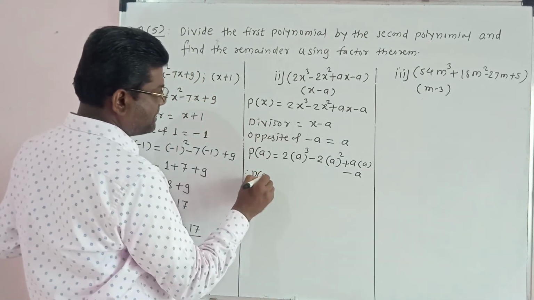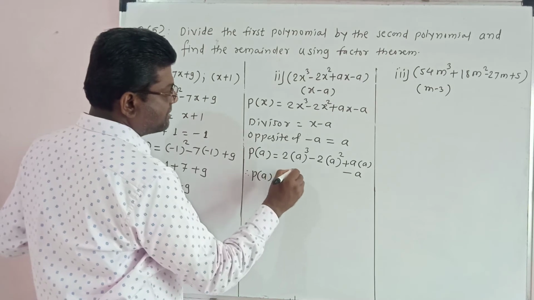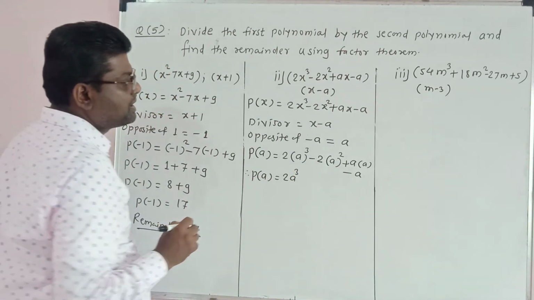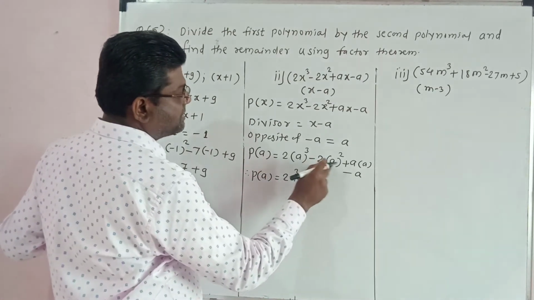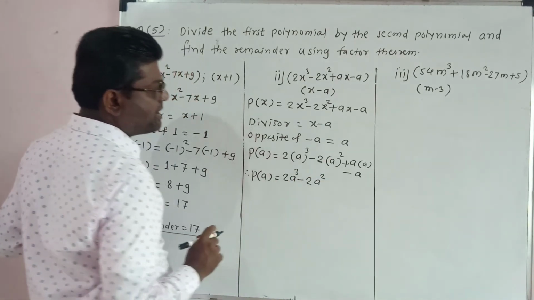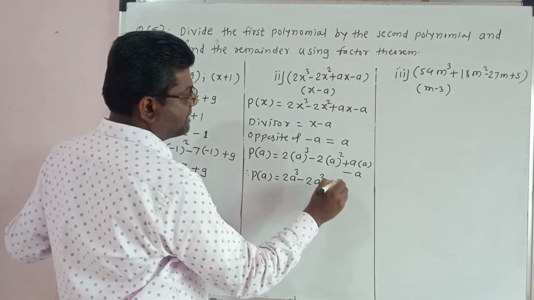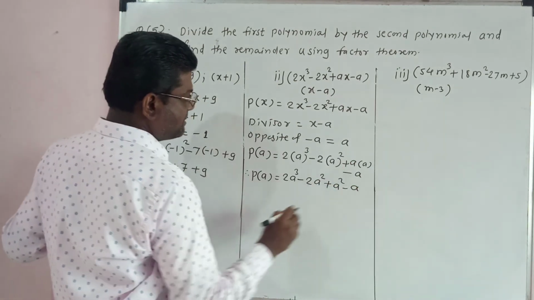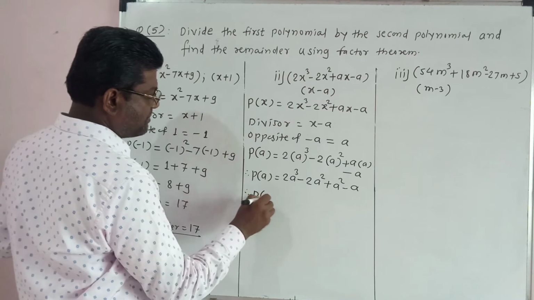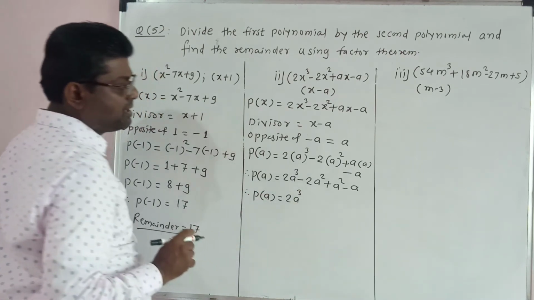Therefore p of a is equal to 2 into a cube, minus 2 into a square, plus a into a, that is a square, minus a.